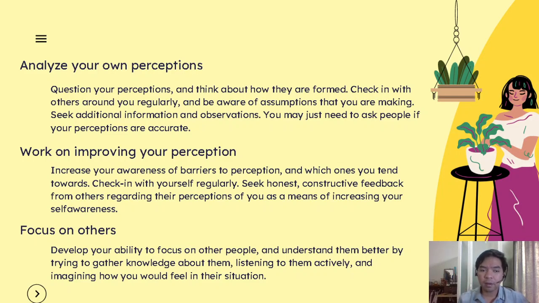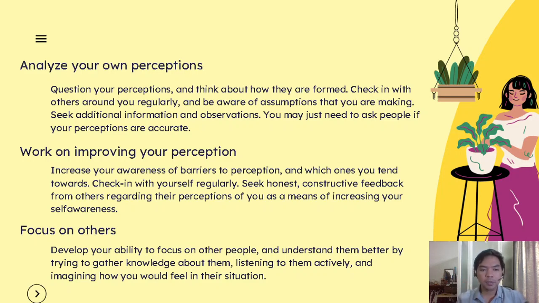And you need someone, for example, in your own opinion that is okay, but the majority of your class thinks that that's not okay, so you need to ask for constructive feedback or constructive criticism from other people, so that they can point out the things that you should be aware of.